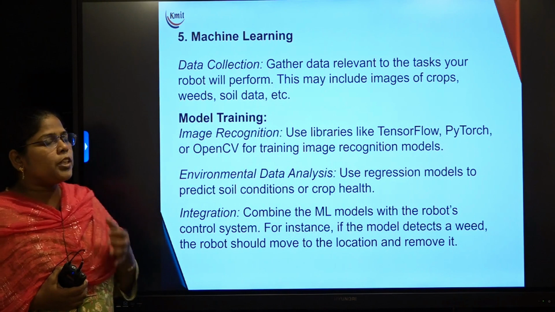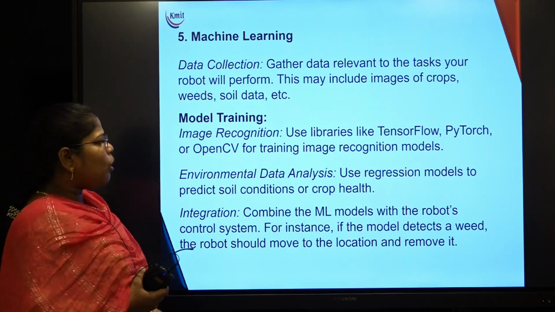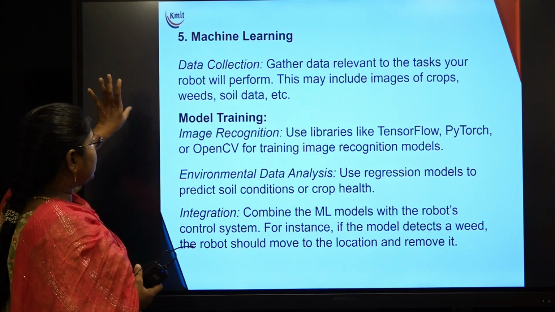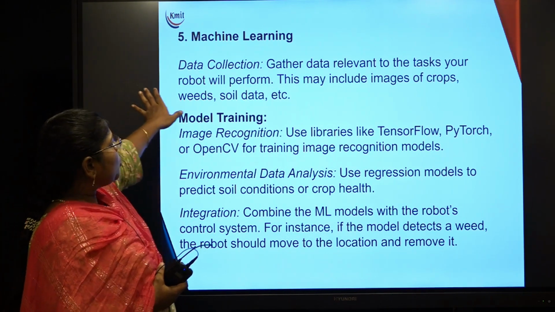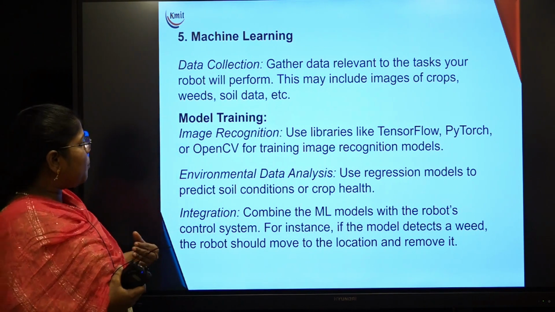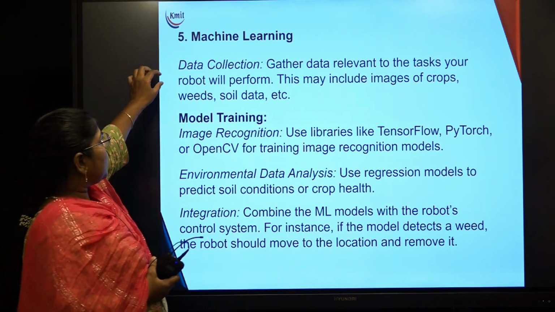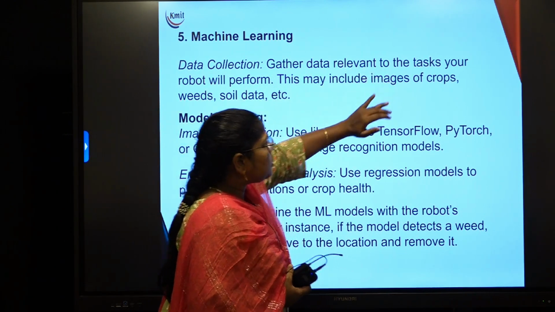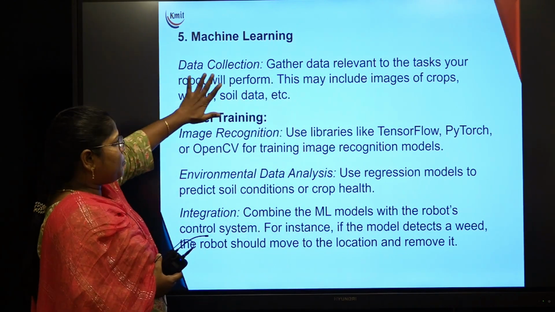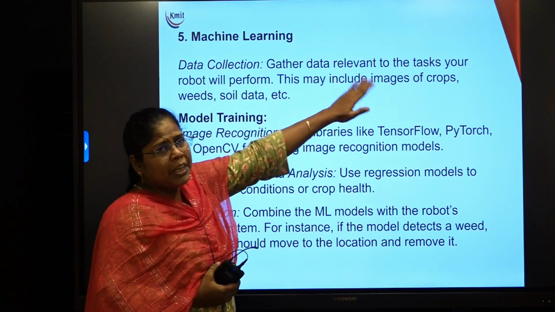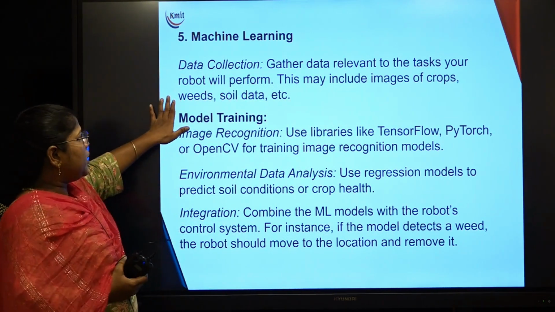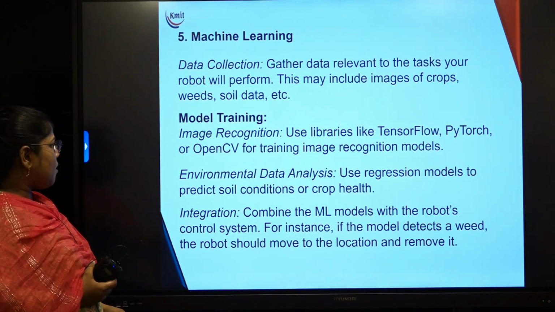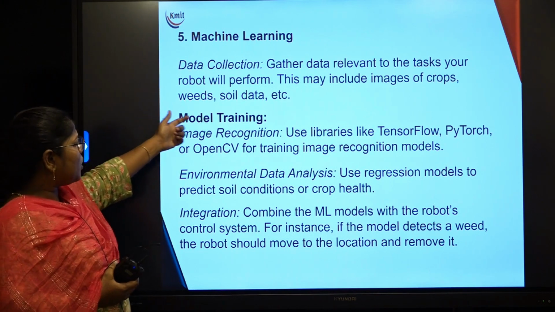Next is coming to the design of machine learning. So once we have selected the design of the robot, based on the implementation of the robot, we need to collect the data, gather the data relevant to the tasks your robot will perform. This may include images of the crop, images of the weeds and soil data, etc. So next is model training.